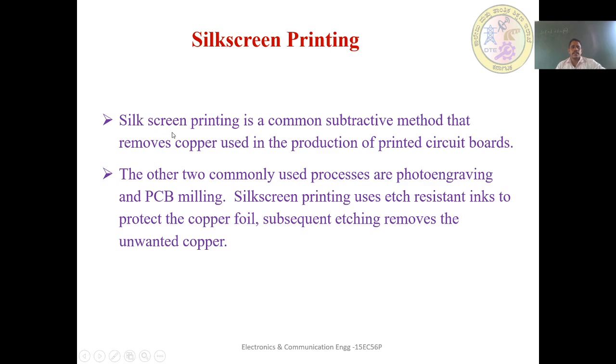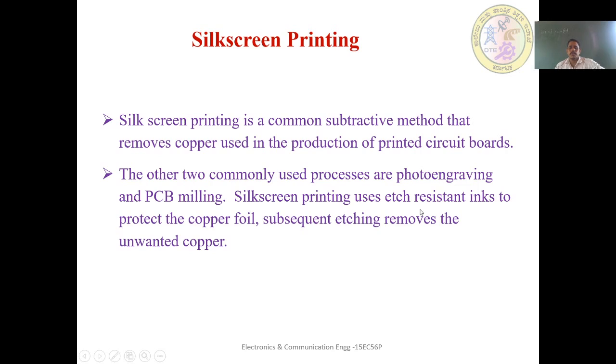Seal screen printing. Seal screen printing is a common subtractive method that removes copper used in the production of printed circuit boards. The other two commonly used processes are photo engraving and PCB milling. PCB milling is the cutting of the PCB to the required dimensions.